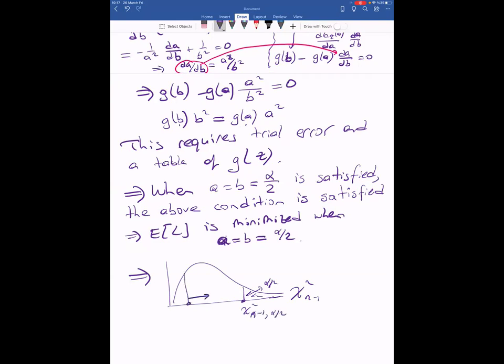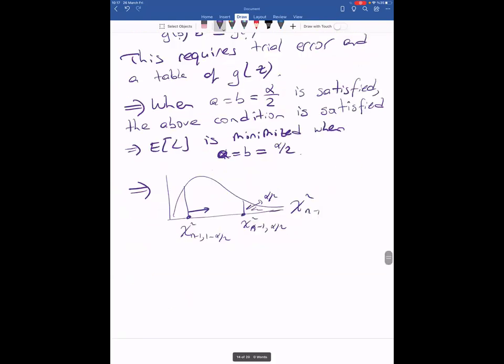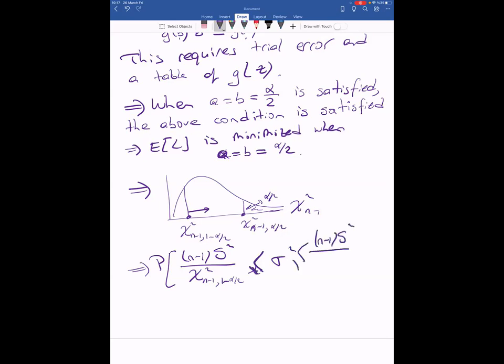Remember we are always writing the upper tail probabilities to represent them. So our confidence interval, or first of all, let's write the random interval: n minus 1 capital S square over chi-square n minus 1 alpha/2, and n minus 1 capital S square over chi-square n minus 1, 1 minus alpha/2, for sigma square.